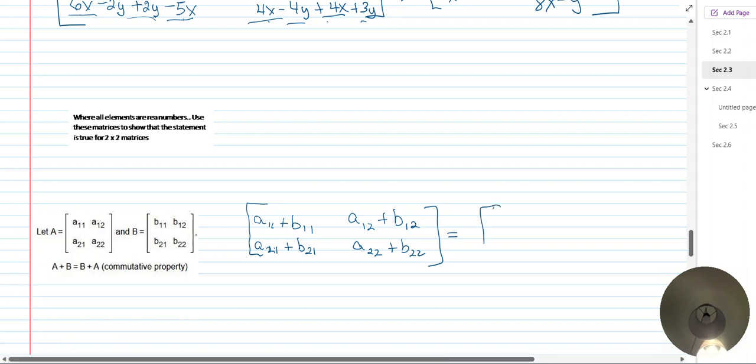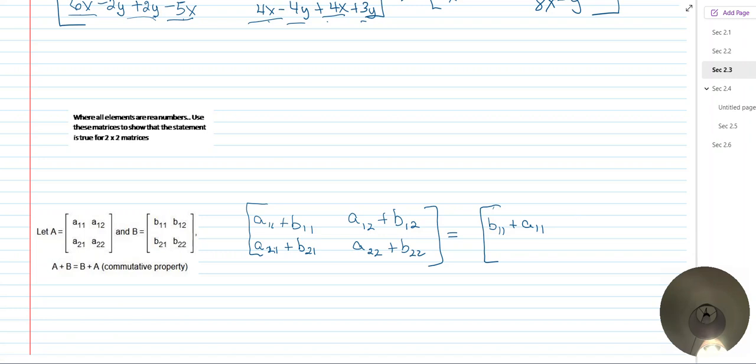So that means B comes first. B, 1, 1, plus A, 1, 1. B, 1, 2, plus A, 1, 2. On the next line, I'll have B, 2, 1, plus A, 2, 1.